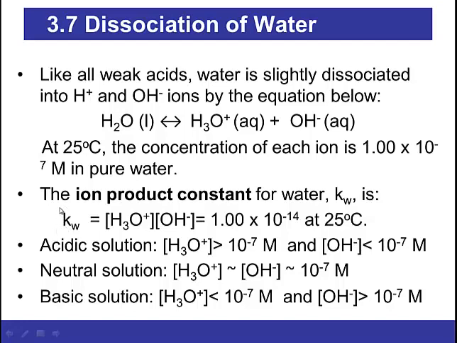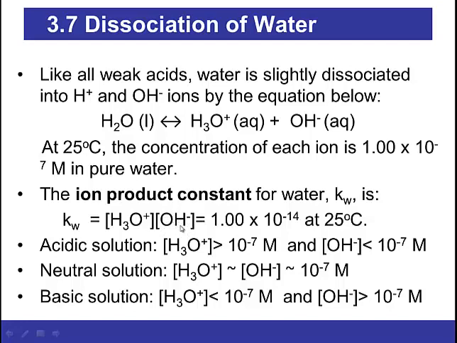So we can define acidic solutions and basic solutions based on the concentration then of hydronium ions and hydroxide ions, because we know that the total has to come back to equal 1 times 10 to the minus 14. So if our hydronium ion concentration is increased and it's greater than 10 to the minus 7, that's going to affect the concentration of the hydroxide ions.